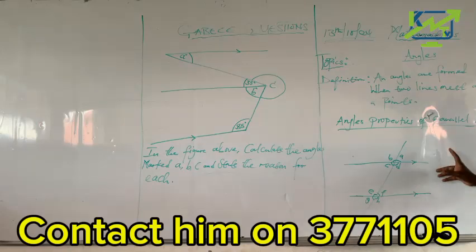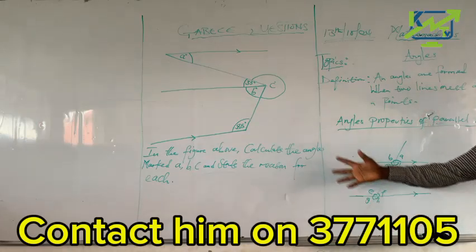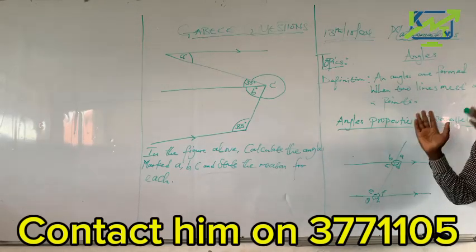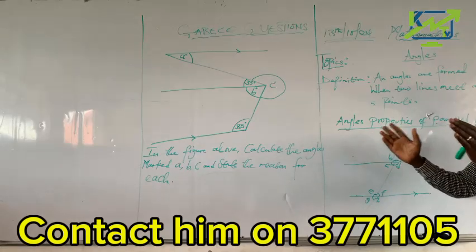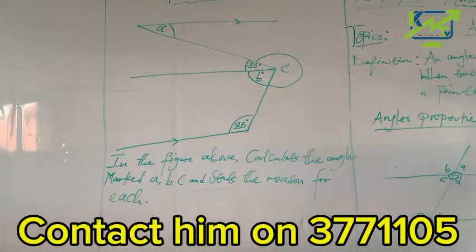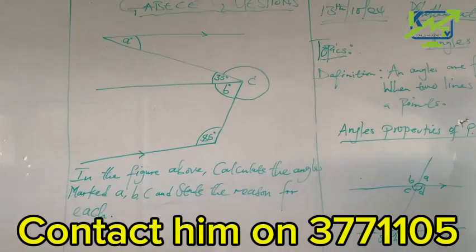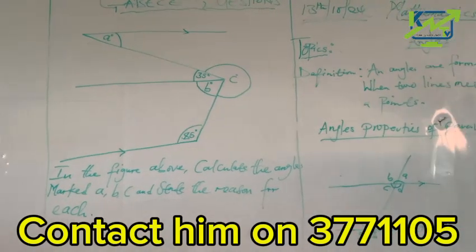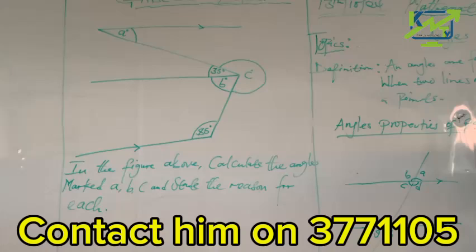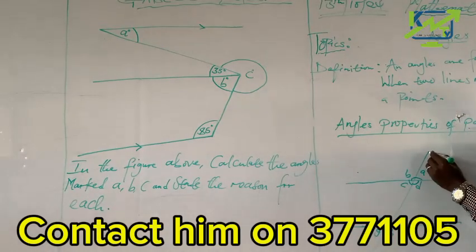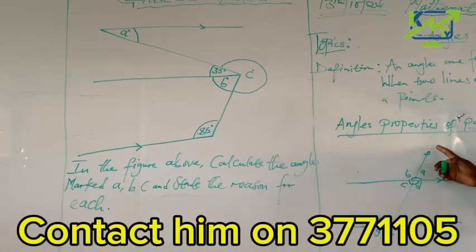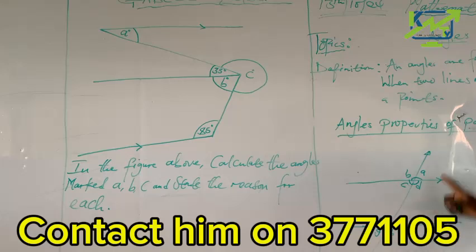Parallel lines are lines that move in the same direction, but they will never collide, meaning they will never meet. They can start from here and move up to wherever, and they will never collide. That's what we mean by parallel lines. And the line that crosses the two parallel lines is called the transversal line.